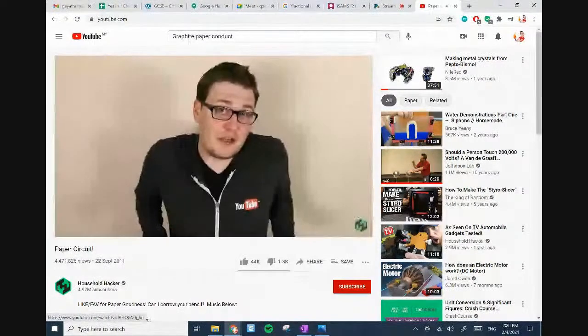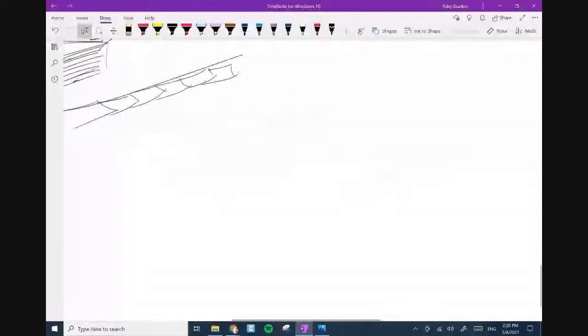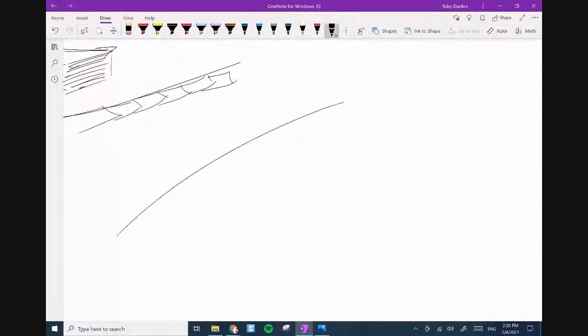MacGyvering. Now, can I just point out, when he's doing his circuits, when graphite's put onto paper, the layers are broken up. They're all kind of slid the way that the cards are.